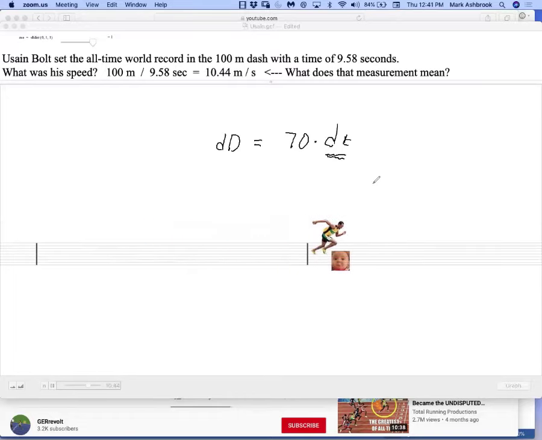Do you see how that's a much broader general definition than just every hour you go 70 miles? At that speed, you know how far you go in any amount of time. So we call that dt, and you multiply that by 70, and that gives you how far you go, or the variation in distance.